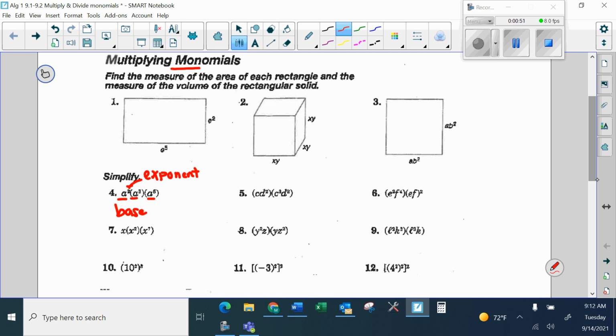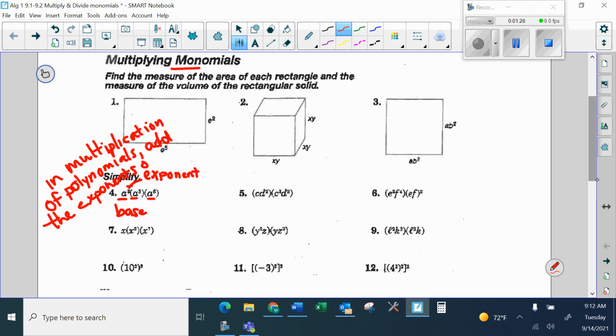So when we have like bases, in this case, often just think like variables, the same variable, and we multiply them together, we add the exponents of like bases. Okay, the base stays the same, we just add the exponents.